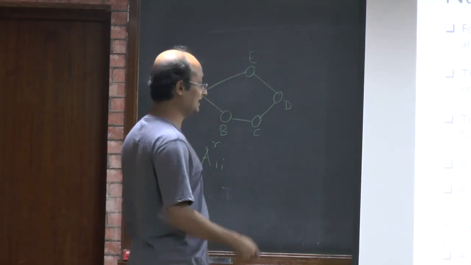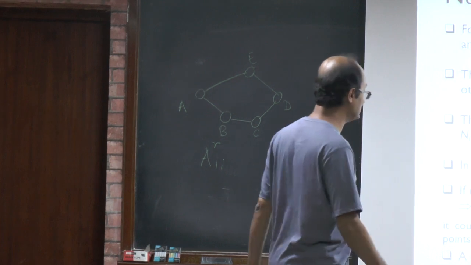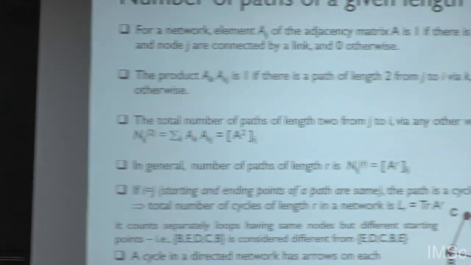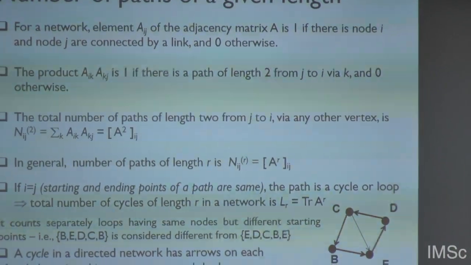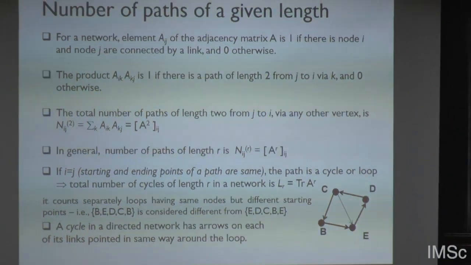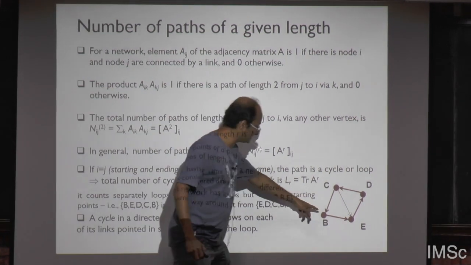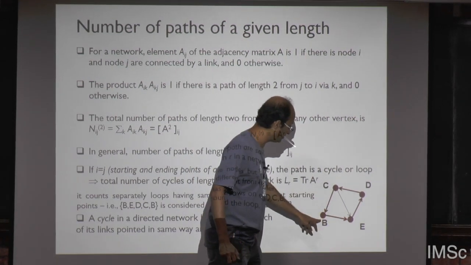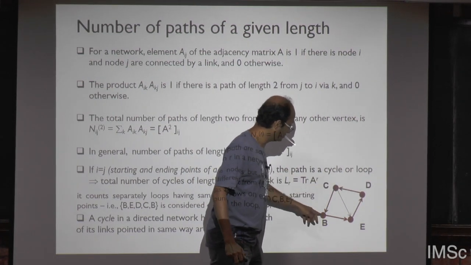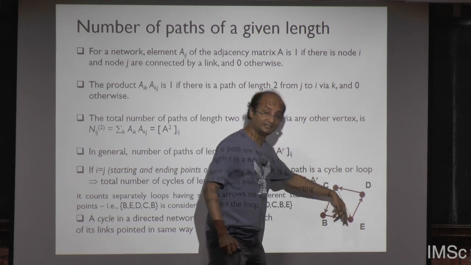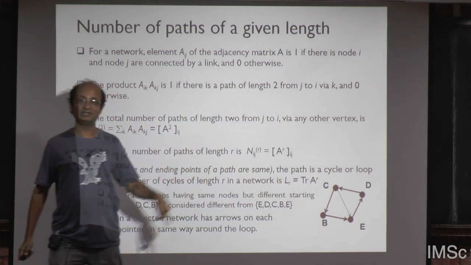Now you can define these things also for directed networks. In directed networks, of course, this is slightly non-trivial because even if you have links from one node to another, because of the directionality, they may not actually form a closed loop.